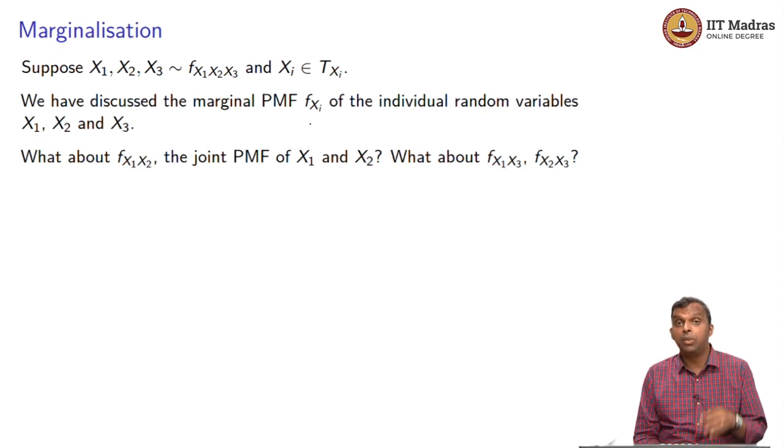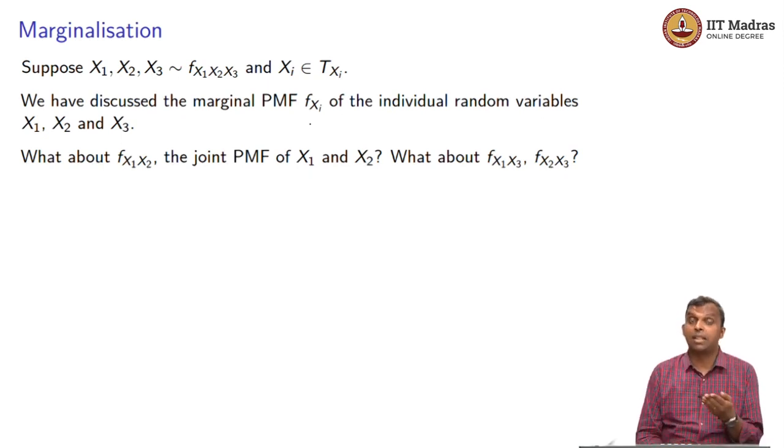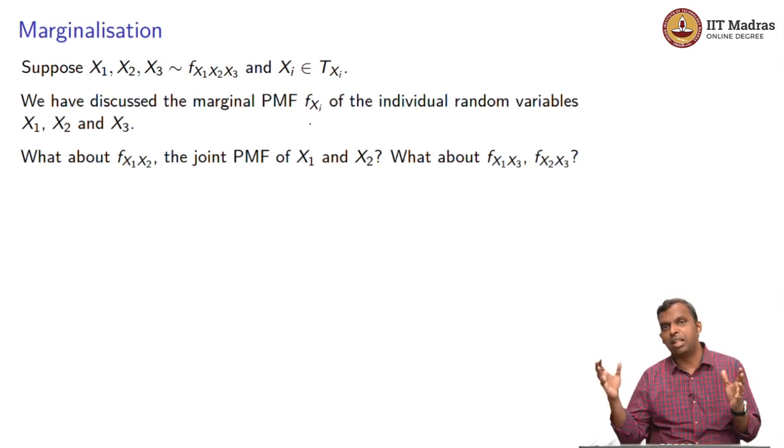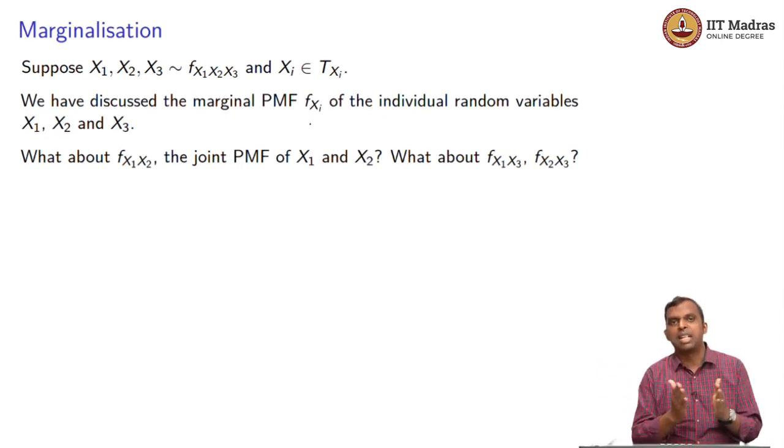We've discussed individual marginal PMFs, so we've seen fx1, fx2, fx3. Now, what about fx1, x2? This is the joint PMF of x1 and x2. It's a very reasonable object, isn't it? Just now I mentioned how the joint PMF of everything might be difficult, but what about the joint PMF of x1 and x2?